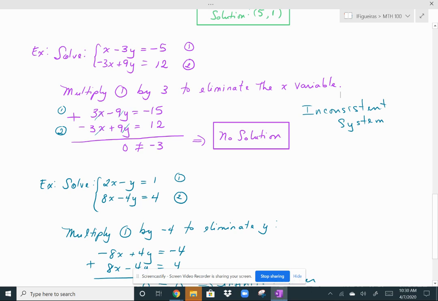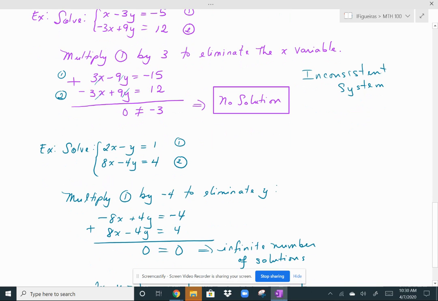Okay, let's move on. Here we want to solve this system. 2x minus y equals 1 is equation 1, 8x minus 4y equals 4. That's equation 2. So again, strategize by figuring out what you want to eliminate. Suppose you decide that you want to eliminate the y's. If I want to eliminate the y variables, I need for this one here to be a positive 4y.